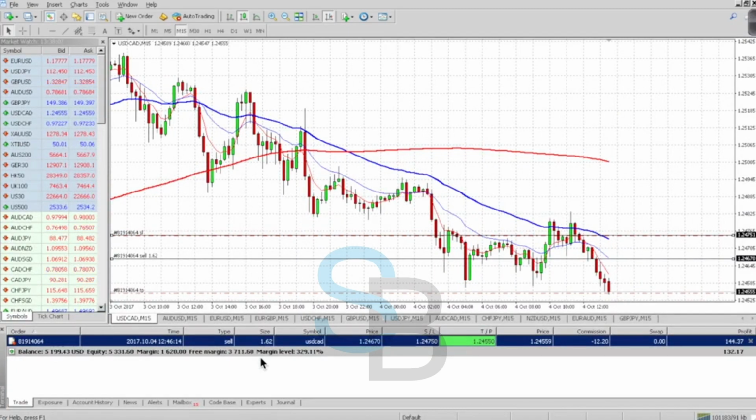So that represents a 4% increase in our equity, right? Because we risked 2% and we're up 3% on our equity for one trade. So that concludes our example of how we use the impulse pullback strategy, and this is for a short trade.